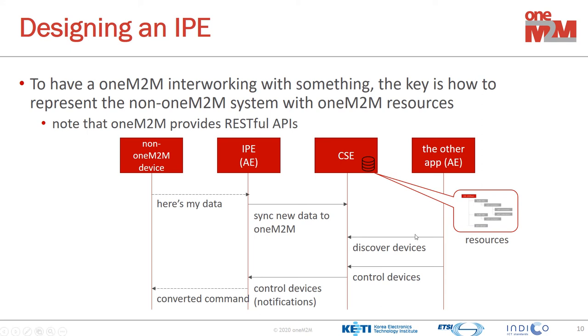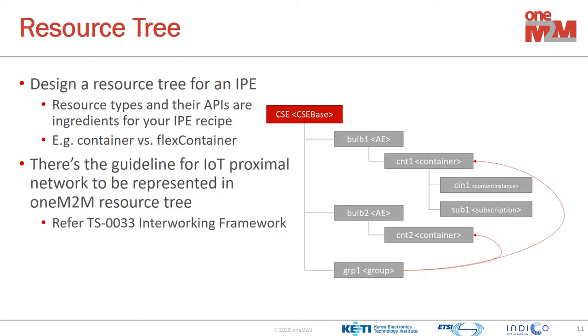Then there will be a notification asynchronously transmitted from the CSE to the IPE. That one will be converted into their proprietary protocol, and there will be a command message in their language, and then that device will do something. So that was the scenario.